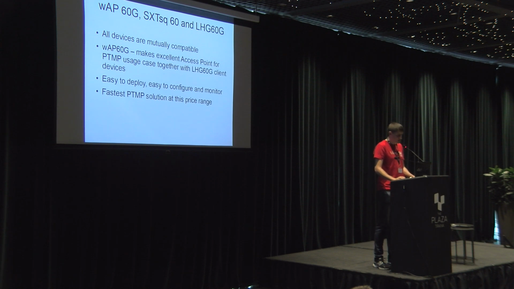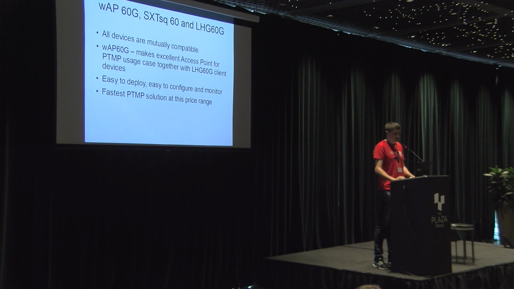All the devices, WAP60G, SXT60 and LHG60, are mutually compatible. You can create the network as you wish. The WAP60G makes an excellent access point for point-to-multipoint setup, and used together with LHG60 client devices, it can achieve relatively far distances.